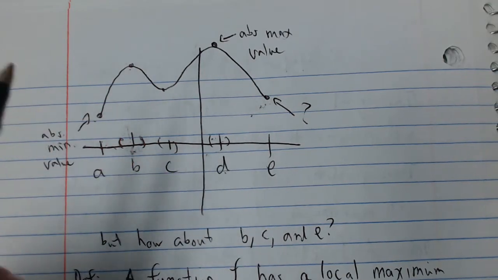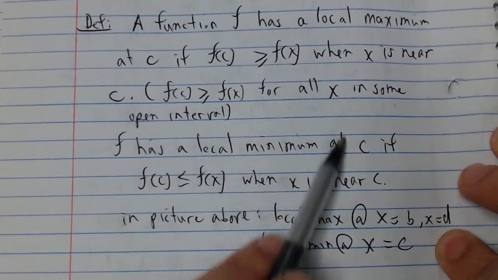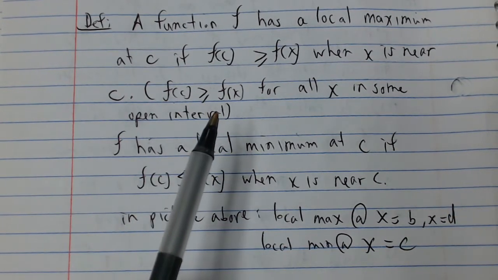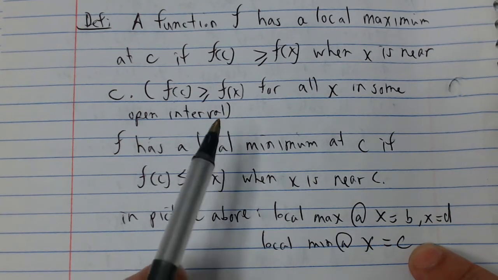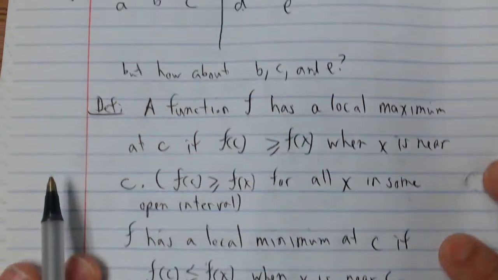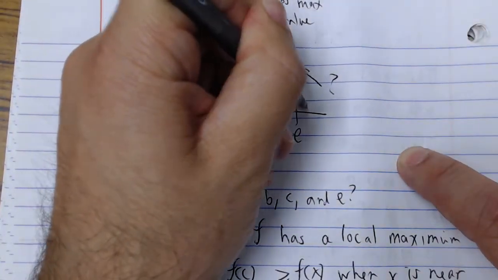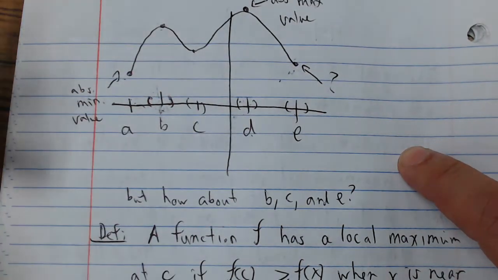How come? Because by definition of a local max or a local min, what do we need to prove? If I pick an open interval that includes e, I need to make sure that the y value at e is the smallest or the largest for it to satisfy local max or min. Here's the problem. If I pick an open interval that includes e, is e the smallest y value or the largest y value?